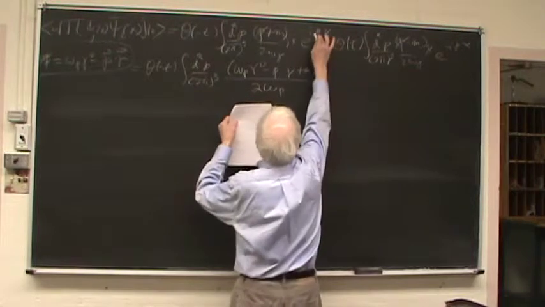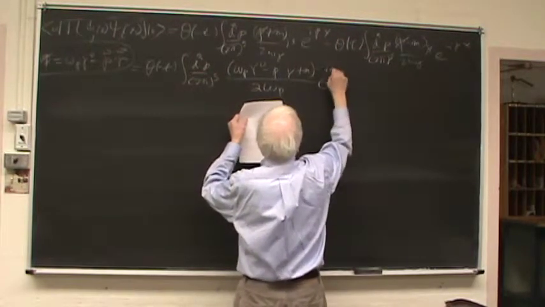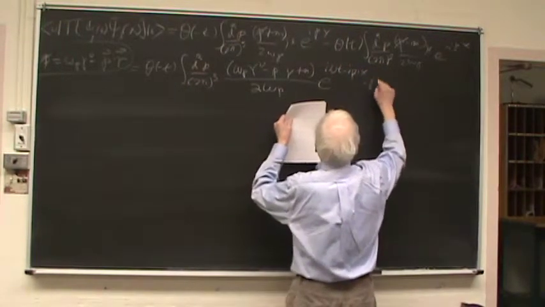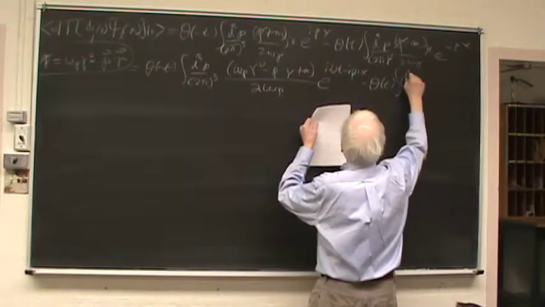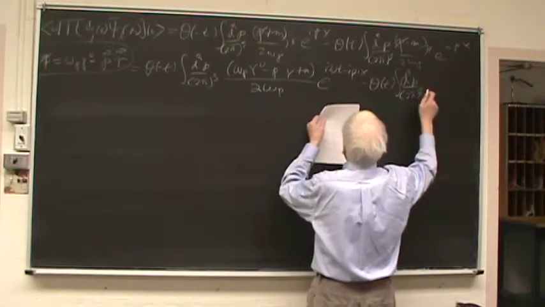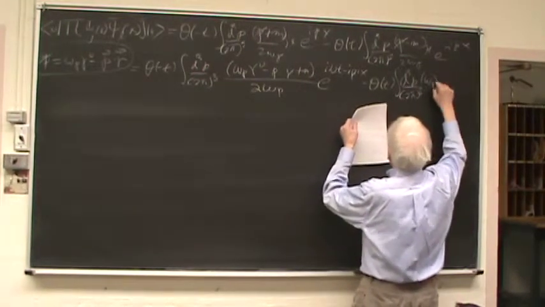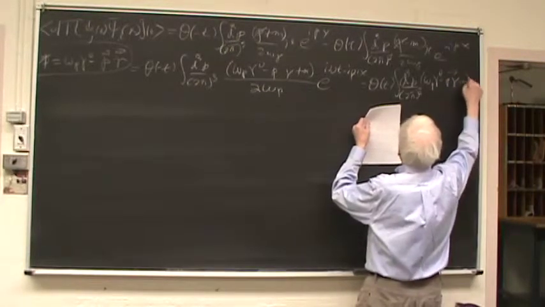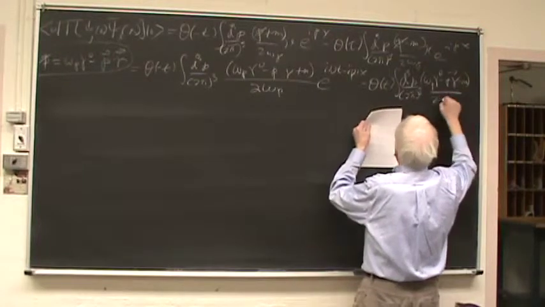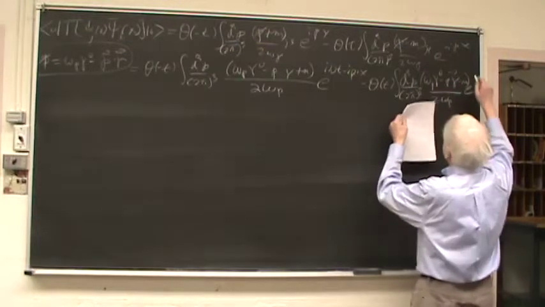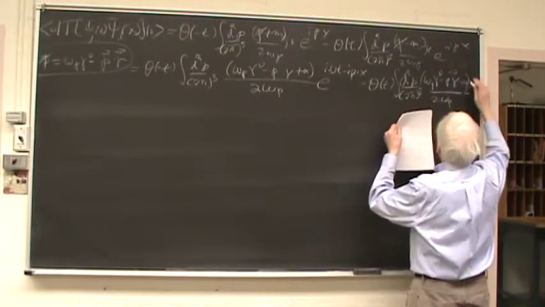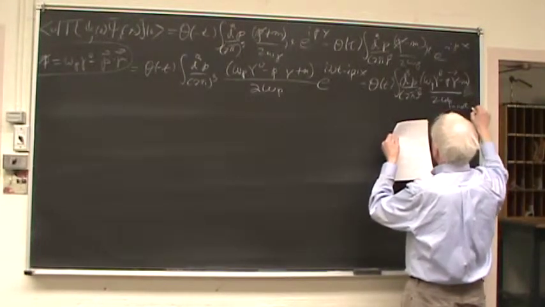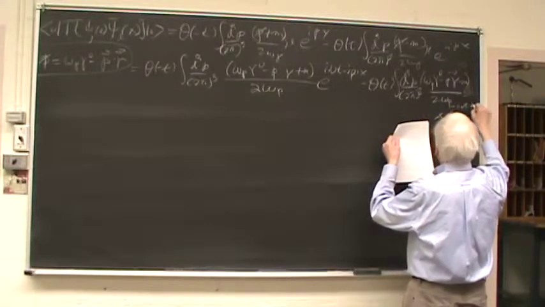And this thing is an on-shell p, so this is e to the I omega t minus I p dot x, minus theta of t integral d cubed p over 2 pi cubed, omega p gamma 0 minus p dot gamma minus m over 2 omega p, and the phase factor here is e to the minus I omega t plus I p dot x.